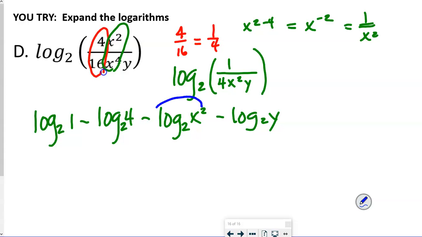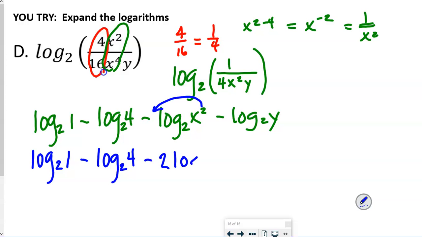I noticed this one, we can move that out front. I don't see any other exponents that we can move out front, so our answer is going to be log base 2 of 1 minus log base 2 of 4 minus 2 log base 2 of x minus log base 2 of y.